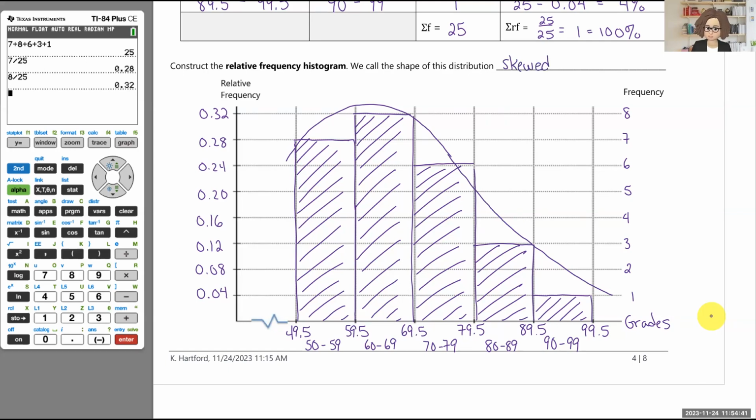And the direction of the skew is the direction we taper off, or I like to think of it like a sliding board here, my little dude sliding down. So we'd go up the stairs and we'd slide to the right. So sliding to the right is skewed to the right. Okay, and there you have it, a relative frequency histogram.